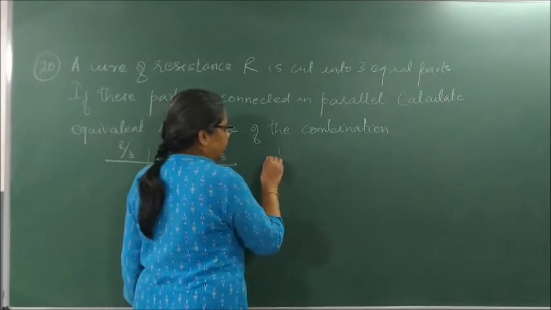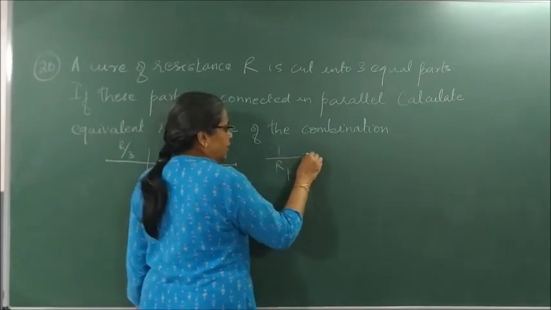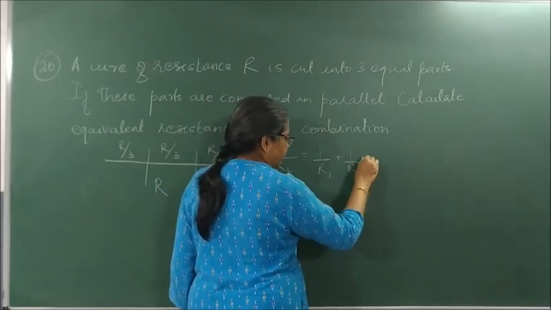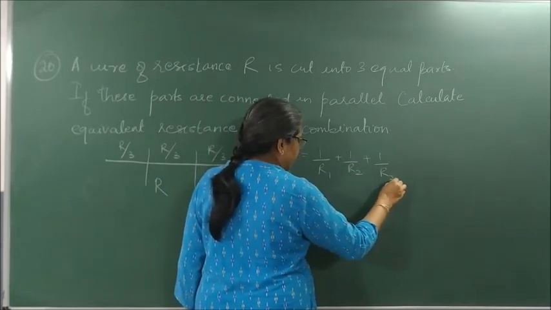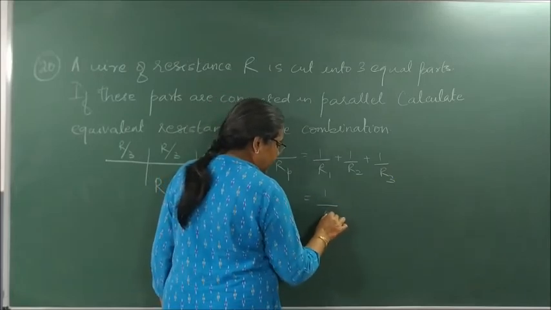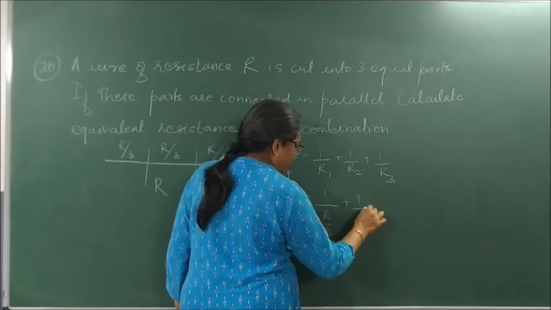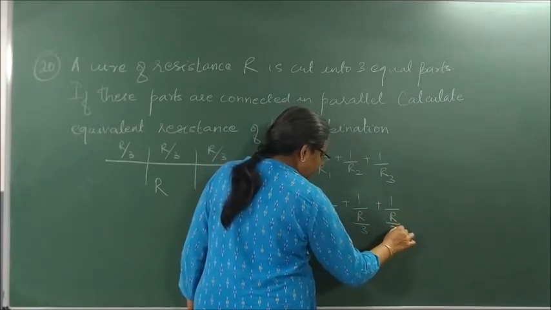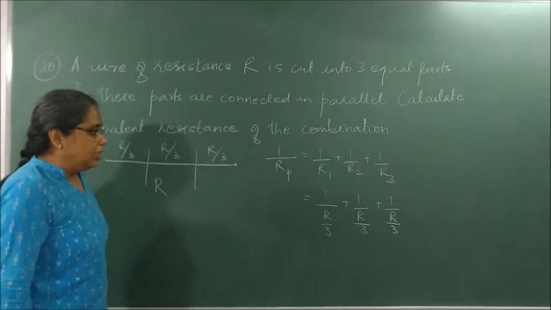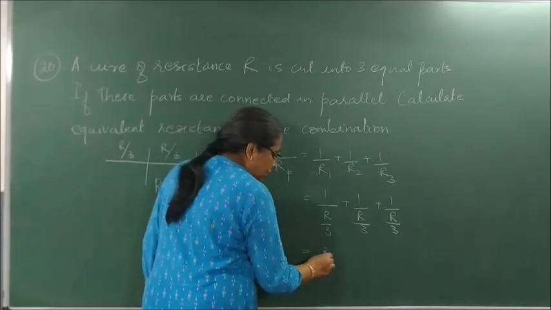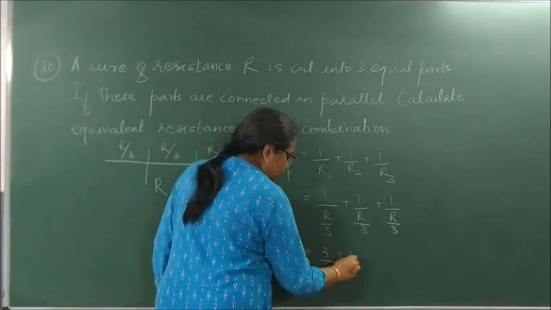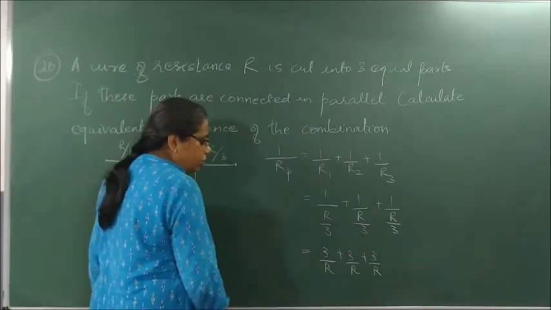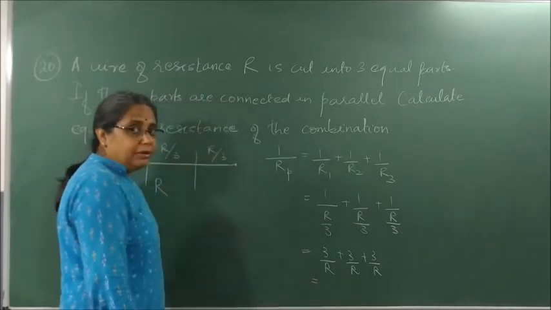In parallel, we have 1 by Rp is equal to 1 by R1 plus 1 by R2 plus 1 by R3. So, it is 1 by R by 3 plus 1 by R by 3 plus 1 by R by 3, which will become 3 by R plus 3 by R plus 3 by R, which is equal to 9 by R.